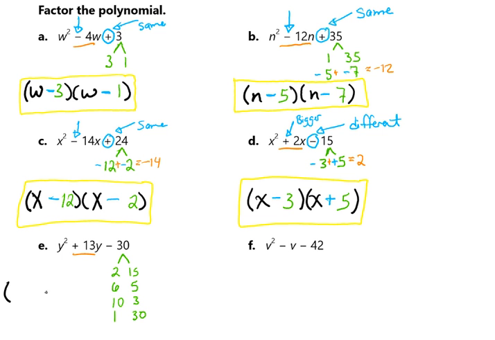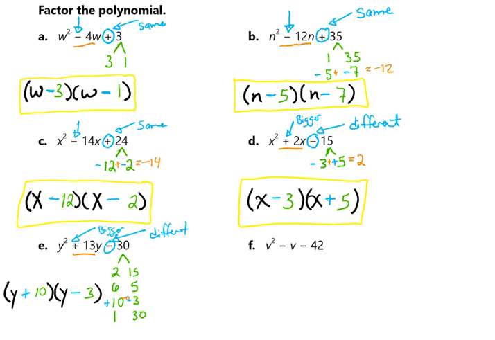So we're going to go ahead and set up our factors. We're using the letter y, and we'll put in our 10 and our 3. We see that our symbols are supposed to be different, and that our larger number should be a positive. So we'll put in a positive by our 10 and a minus by our 3, and we can double check that by writing those in.